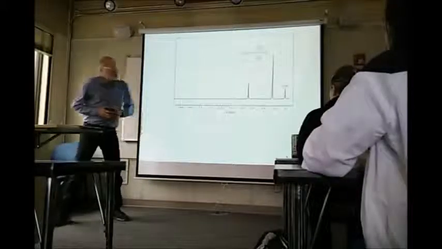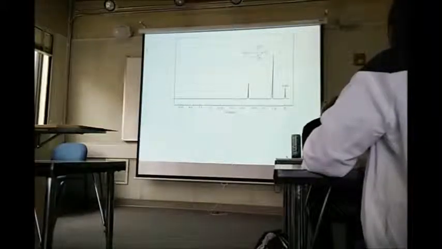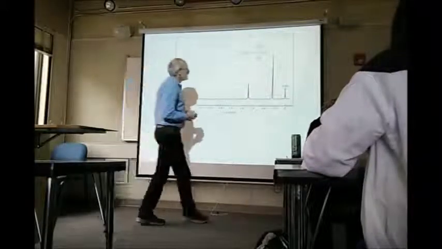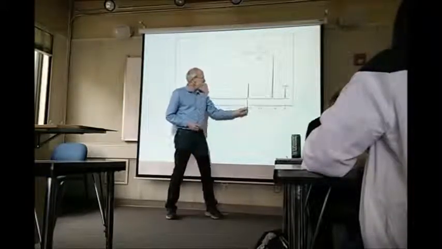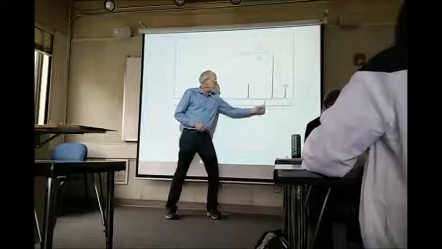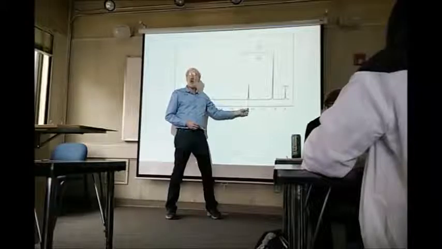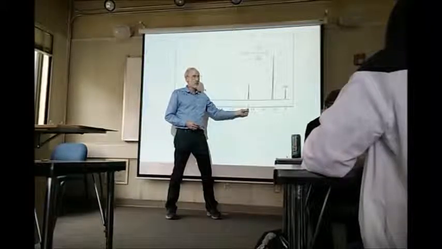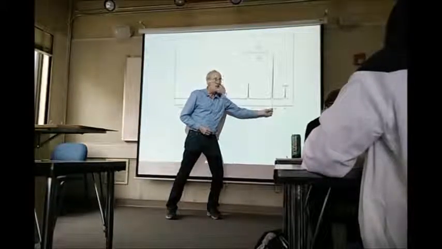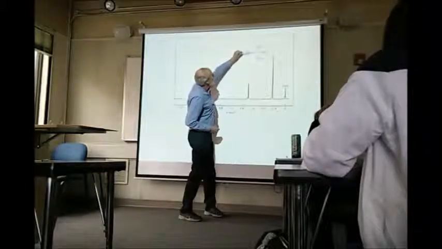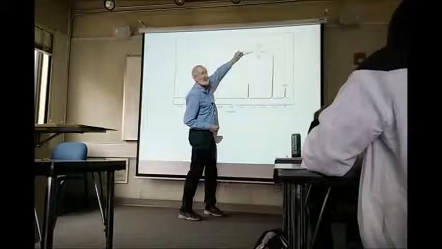So, here are 2 peaks. This one is downfield from that one. What that suggests is there is less electron density around the hydrogens here than the hydrogens here. Easy to explain: this methyl group is attached directly to an oxygen.